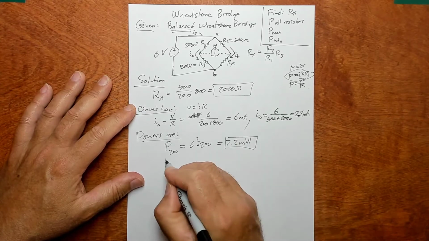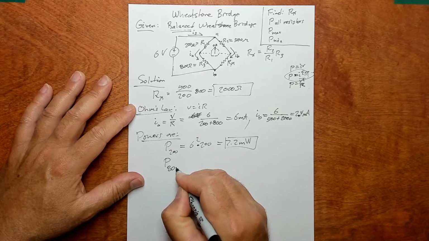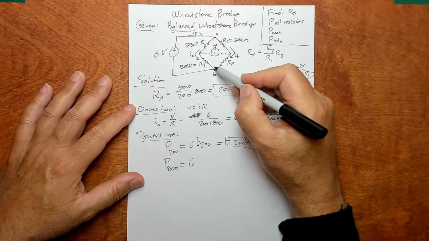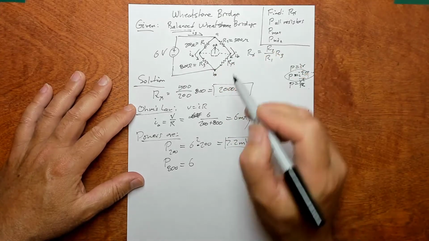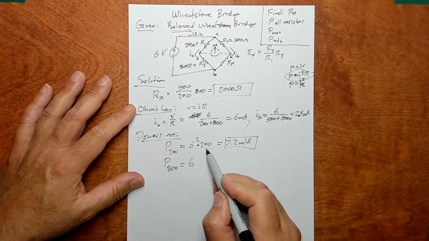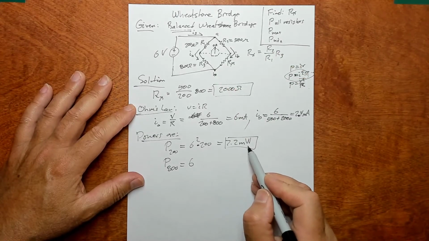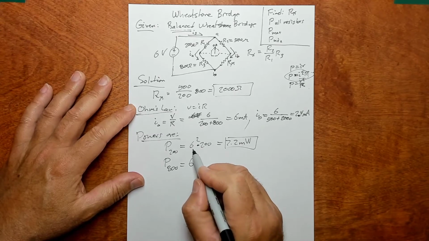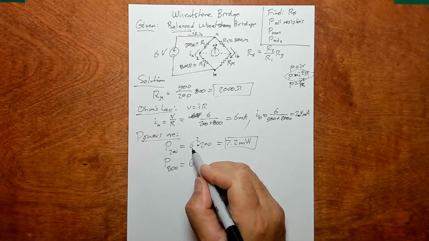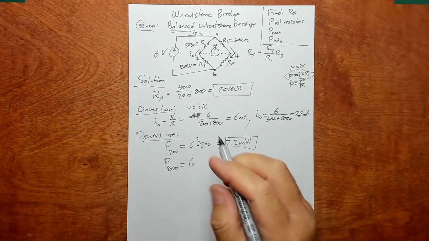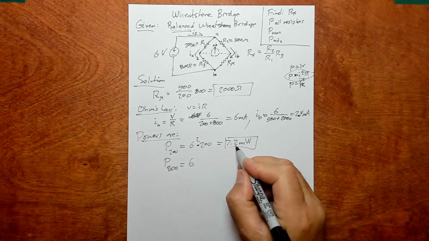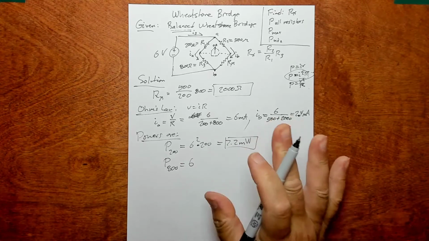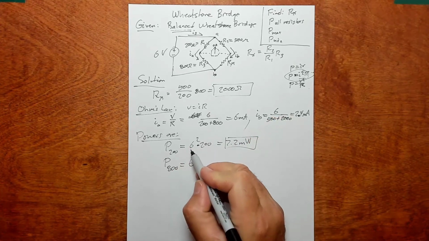And the power in the 800 is the 6 milliamps squared times 800.